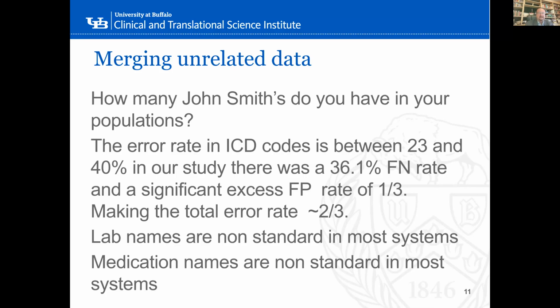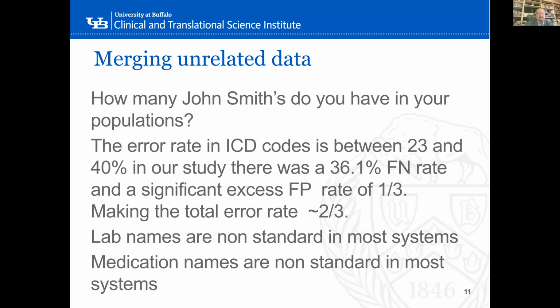So, merging unrelated data: how many John Smiths do you have in your population? The error rate in ICD codes is between 23 and 40%, depending who you talk to and whether you believe the US data or the European data. We published a paper that showed 36.1% was the right rate.